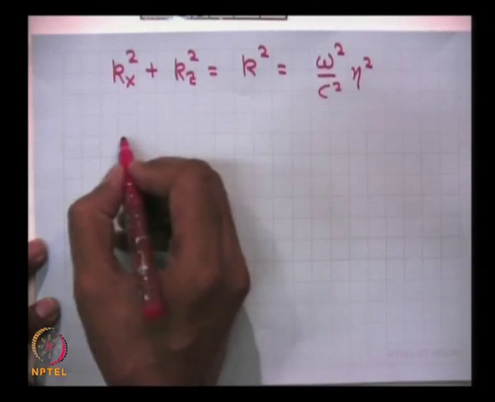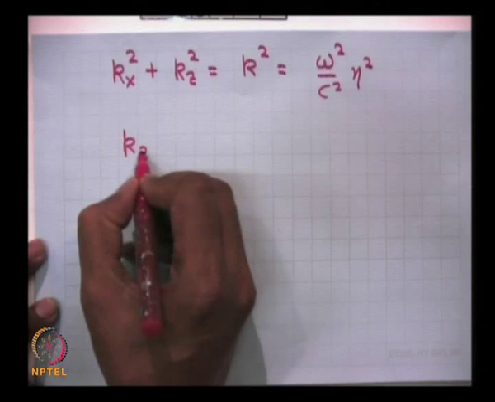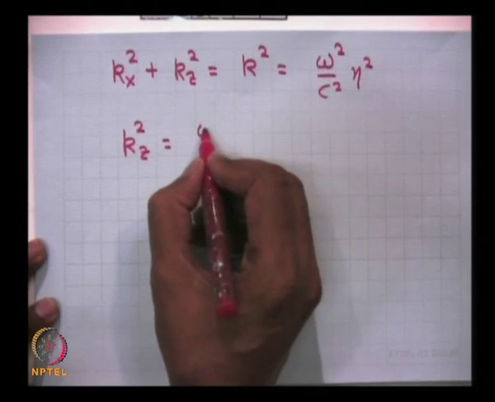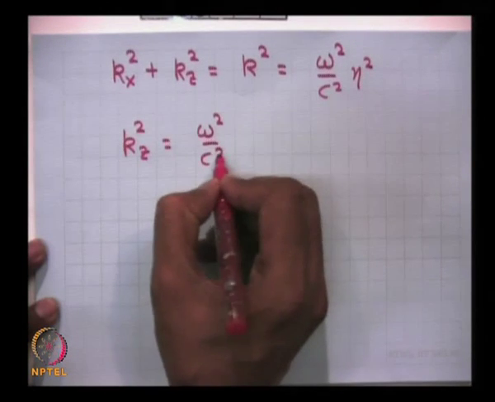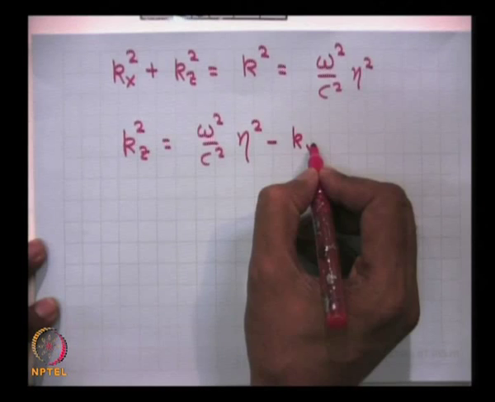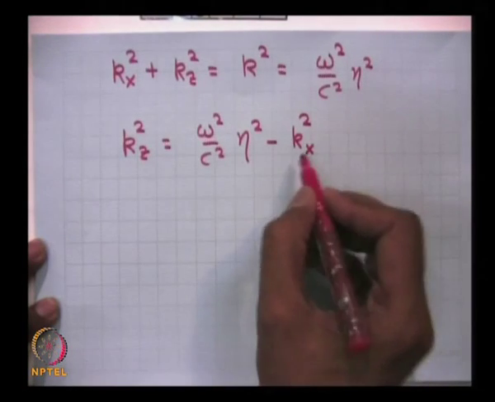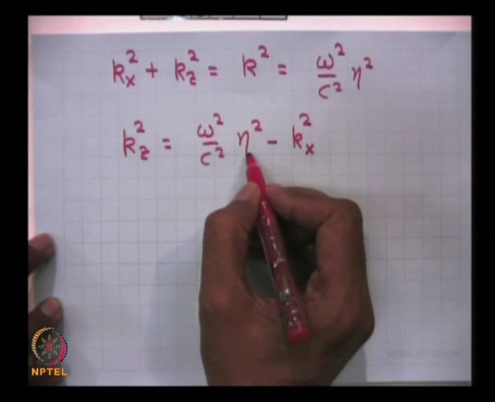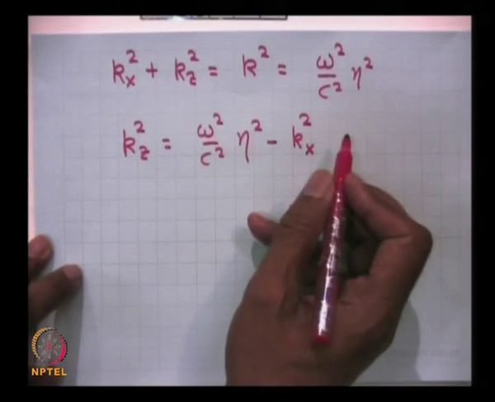This equation tells me that kz square in any region will be equal to omega square by c square eta square minus kx square. This is a constant, omega is a constant, eta is a decreasing function of z if the plasma density is increasing function of z.